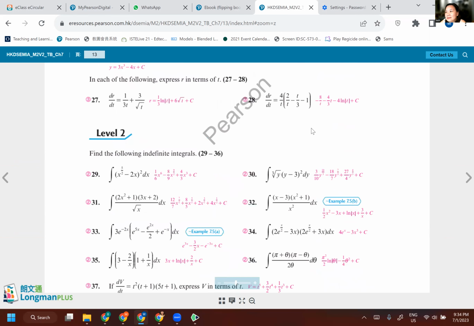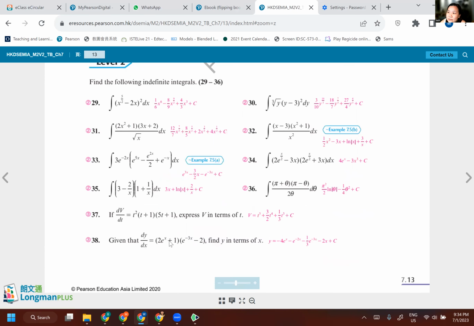And for level 2 questions, it's not the difficulty level, it's the complexity. The power is a fraction, but it's still the same. Also, it has more expansion in it. Even with question 36, the very weird one, if you realize that pi is just a value and theta is just x, it shouldn't be so hard.